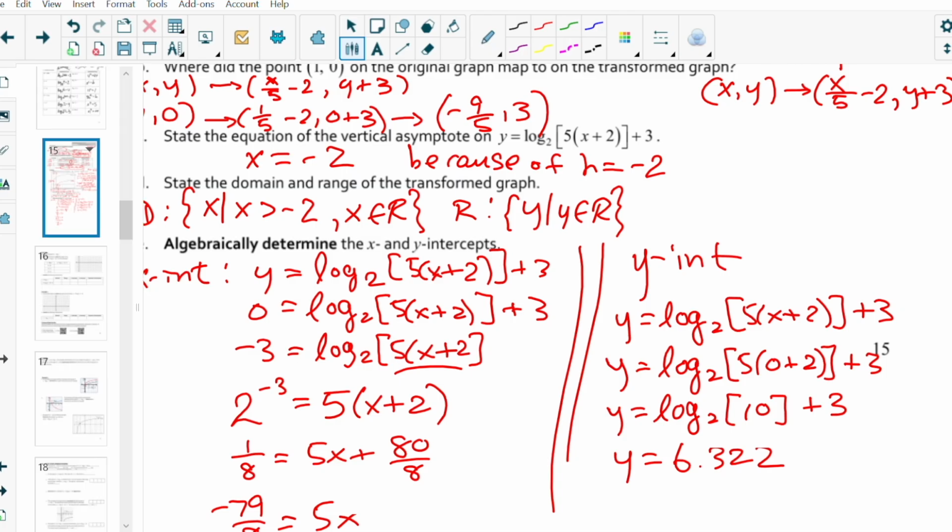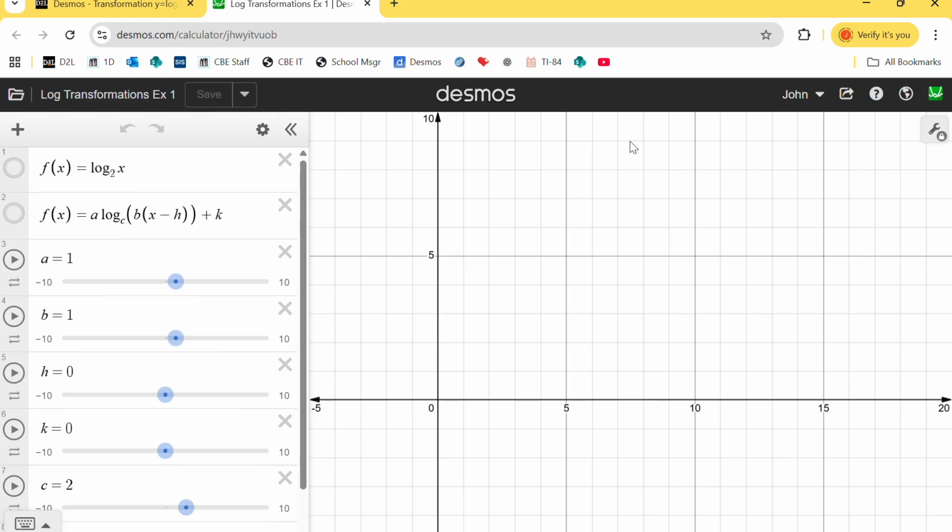Okay, folks, next page. Example 1: we start with our base function log base 2 of x. And if I overlay the red one on top, let's look at each of our transformations.